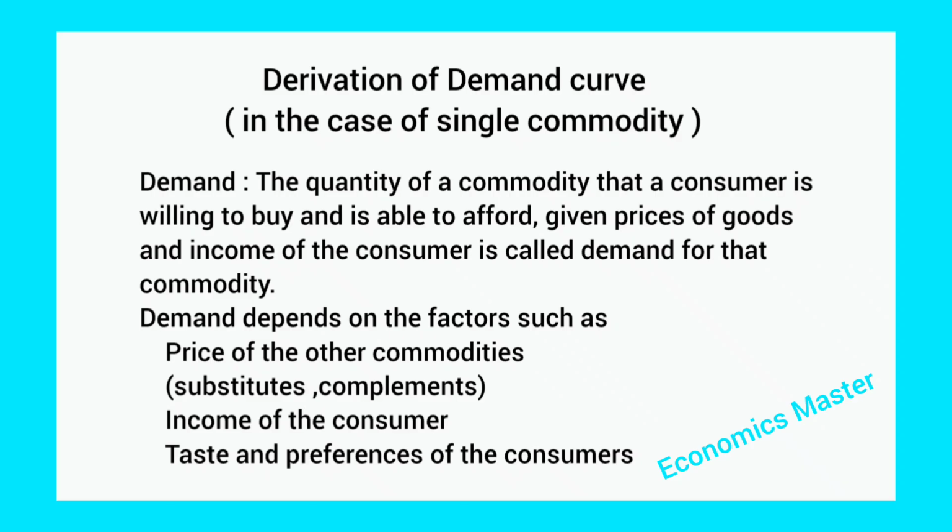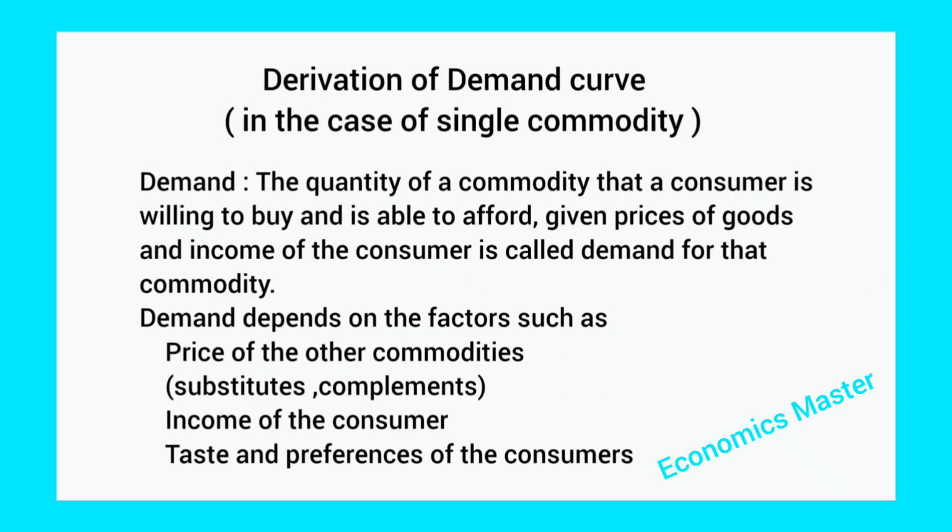The demand for a commodity depends upon a number of factors. The most important factor is price itself. When the price increases, the demand decreases. When the price decreases, the demand increases. Then income of the consumer, taste and preference of the consumer, and the prices of other commodities like substitutes. For example, tea and coffee.